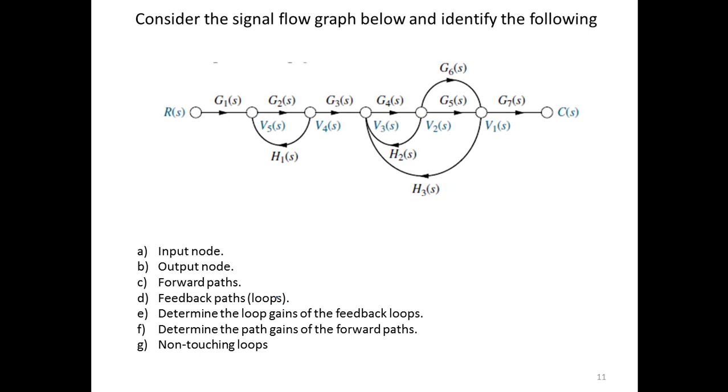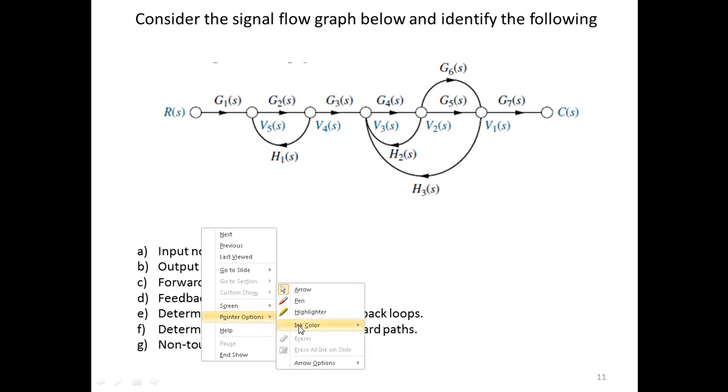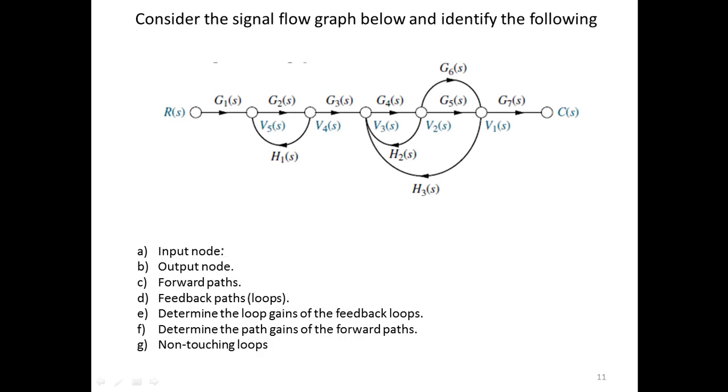Now consider this diagram, and from this diagram you have to find these several determinants, or you can say the several quantities. The first one, you have to identify the input node. So from the diagram you can see that the input is basically your R of S. The output node is basically your C of S. Similarly, you have to find the forward paths.